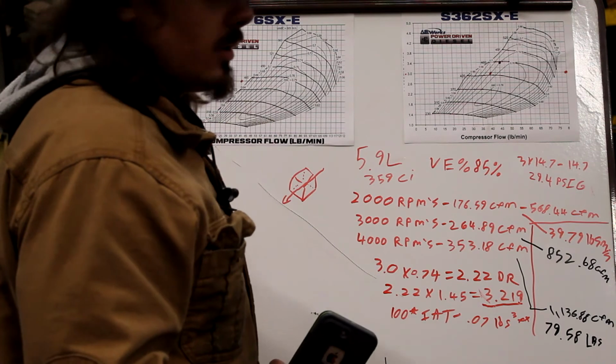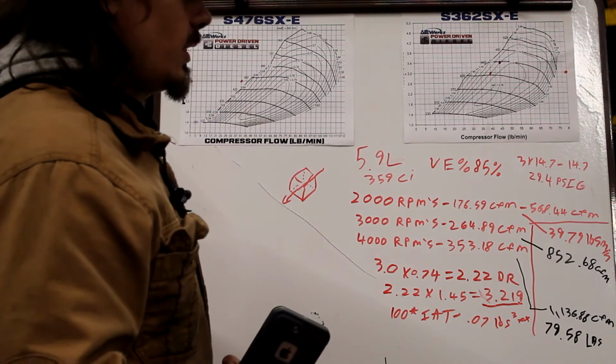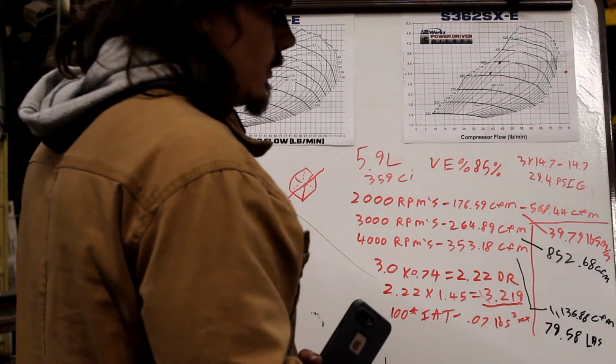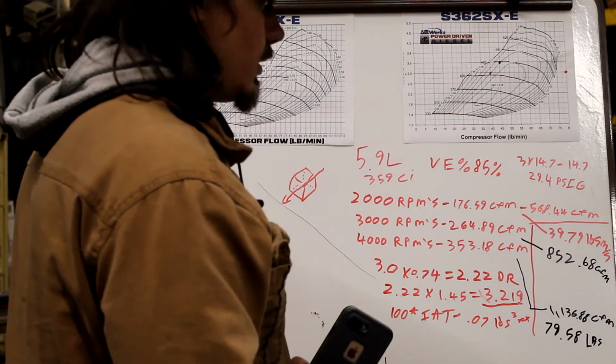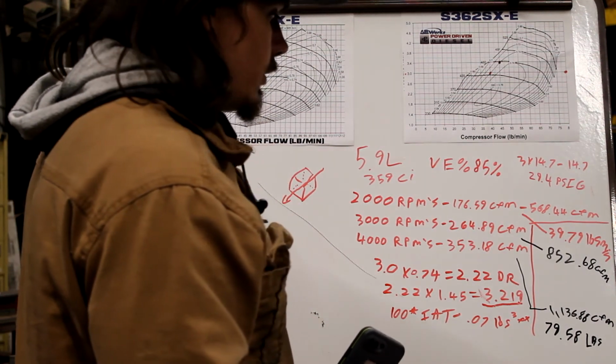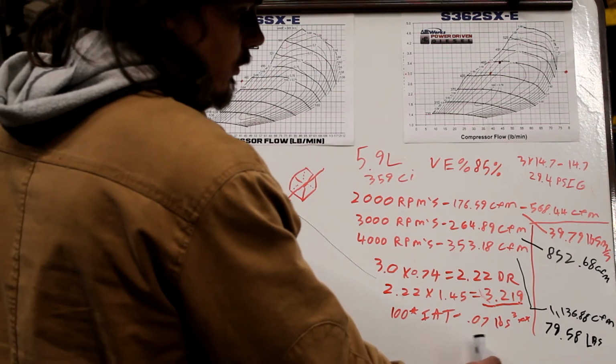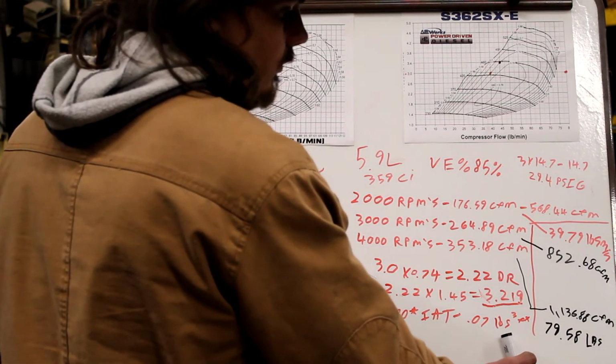Realistically, the best way to do this is to use dynagraph data if you don't have an IAT gauge after the intercooler. So we're using 100 degrees. 100 degrees after the intercooler means that the air weighs 0.07 pounds per cubic foot.